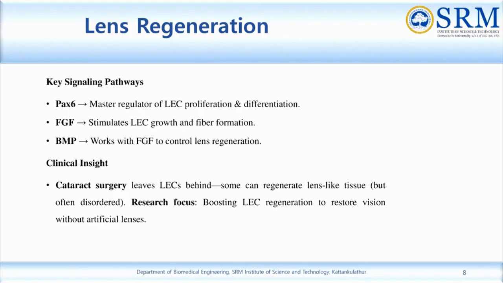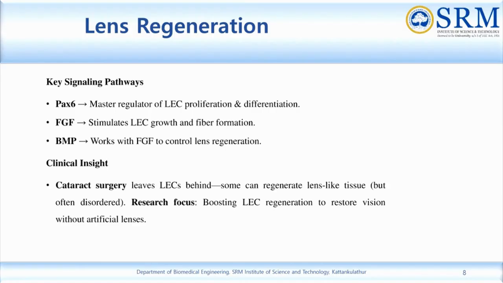I had told you that the proper packing is very important for minimizing the refractive interfaces, and that is important for the transparency. But when we are trying to regenerate the lens tissue from the existing lens epithelial cells, we are left with disordered cells, and if the cells are disordered, we do not get good transparency.